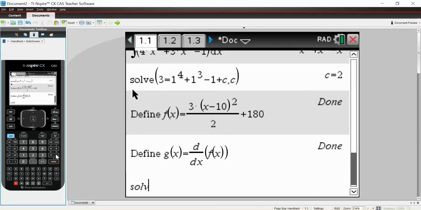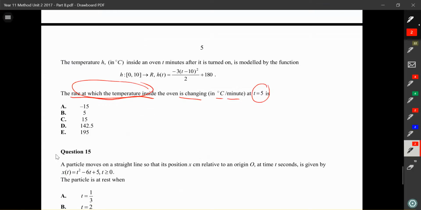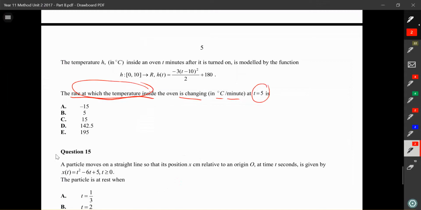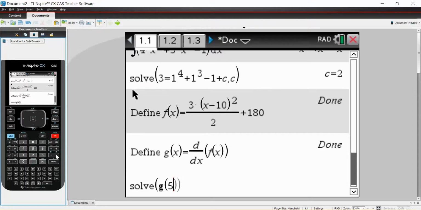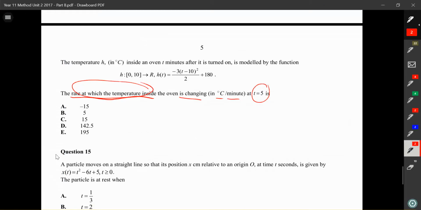Now I want g of 5, so sub 5 into the equation. Negative 15. There you go, A.